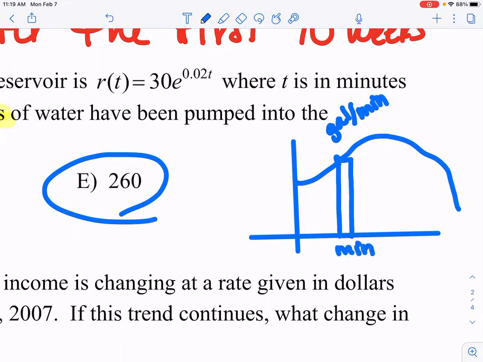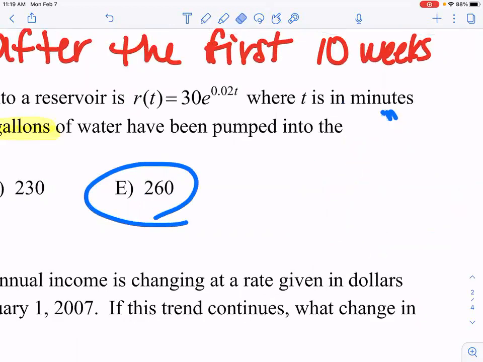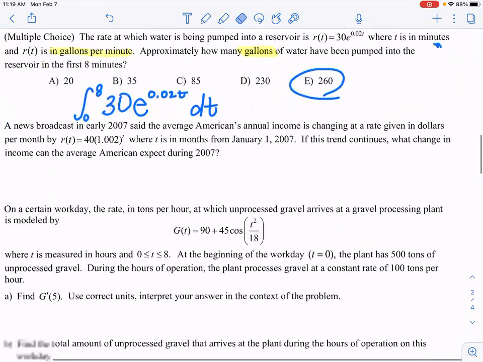When we take the area of a rectangle, no matter how skinny, we take length times width. Well, what is gallons per minute times minutes? Gallons. So there's the area interpretation for you.